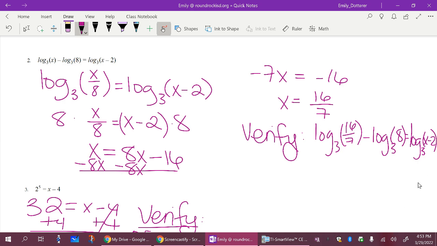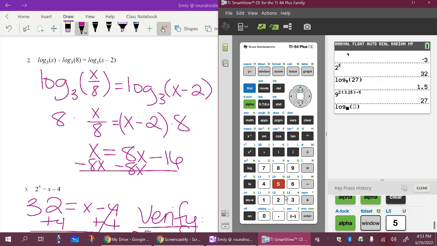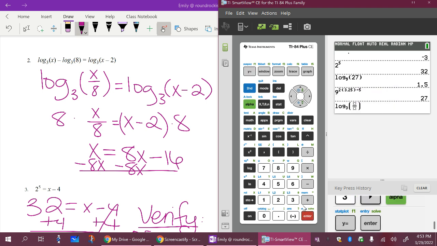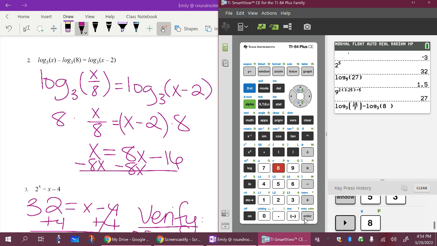So we're going to check each side individually, make sure that we get the same thing. So log base 3 of log base 3 of 16 over 7 minus log base 3 of 8 is that thing.